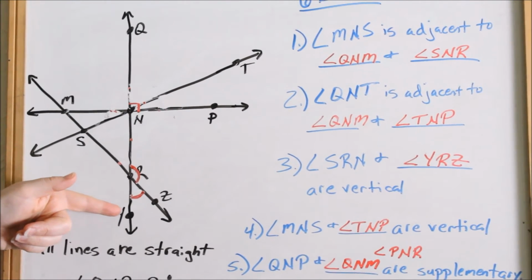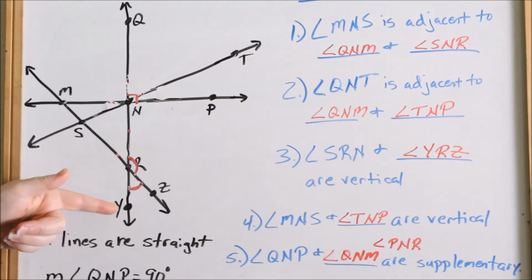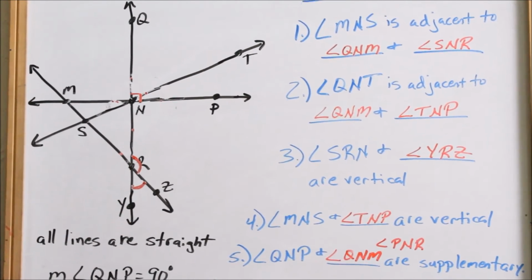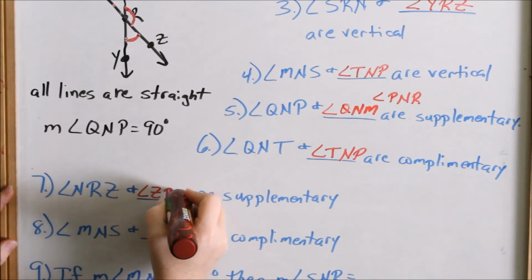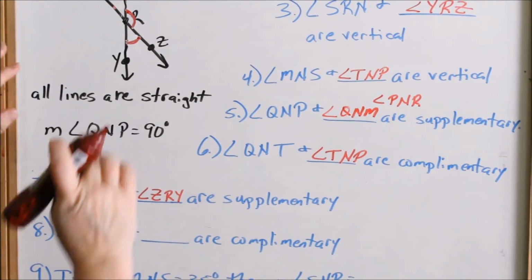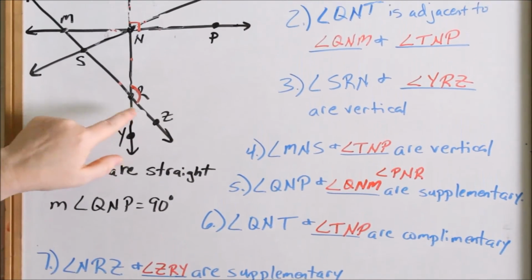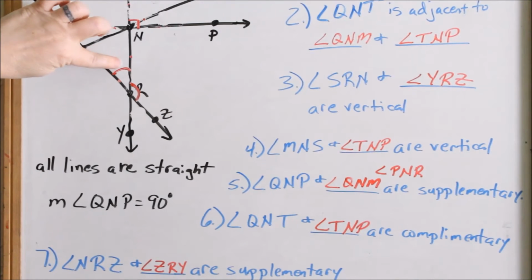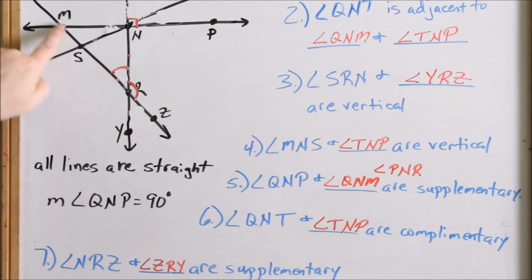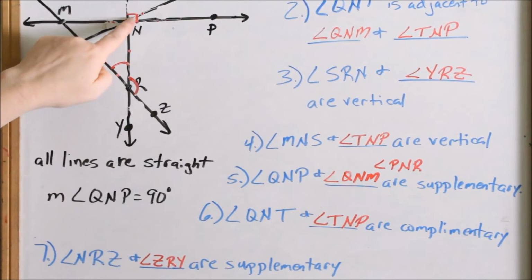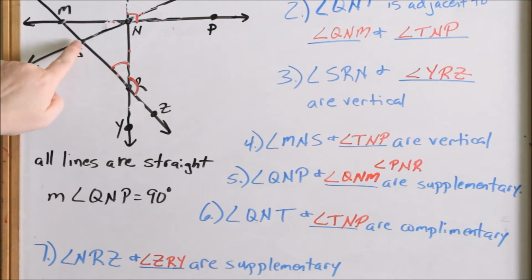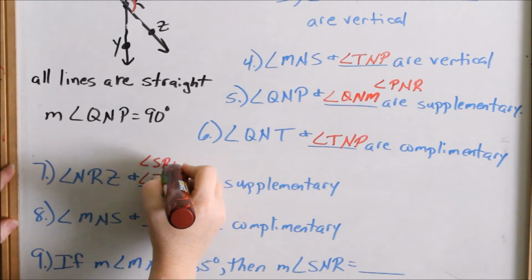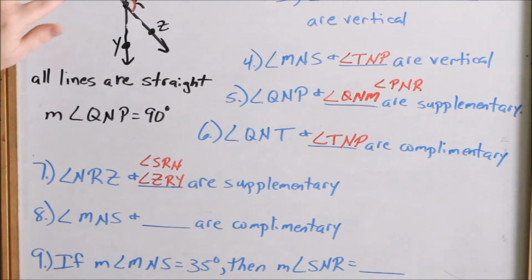When you're doing supplementary angles, you want to look for 2 angles that form a straight line. NRZ and then ZRY, adding those together form a straight line. You could have also picked this small one over here, because this angle plus this angle form this straight line right here, and those are supplementary. So NRZ is also supplementary to SRN. So some of these have more than one answer.